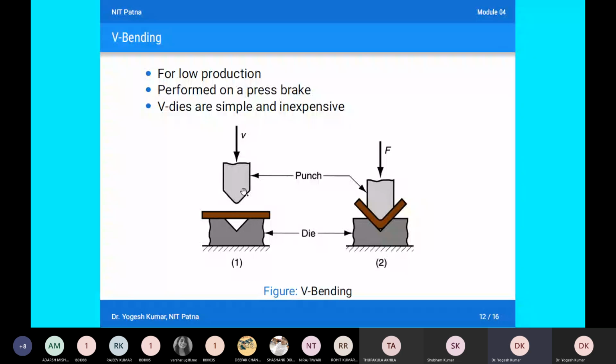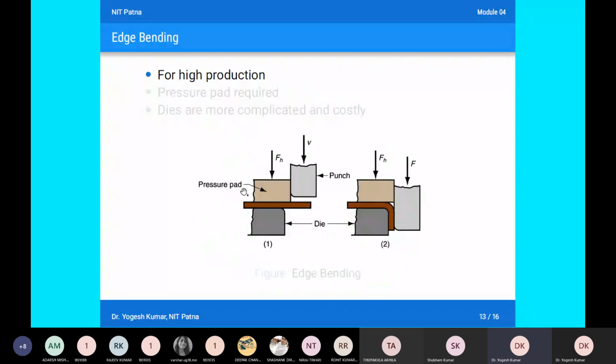Now we will come to the edge bending operations. Under edge bending, we can see here the edge of your sheet metal is wiped off using one tool that is called a punch. Since this punch is moving from top to bottom, it will wipe off this portion of the sheet, and this will bend like this.